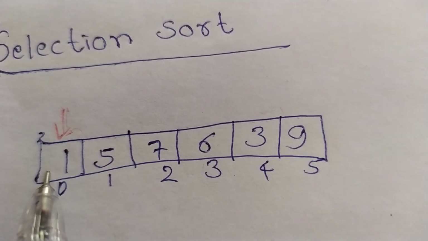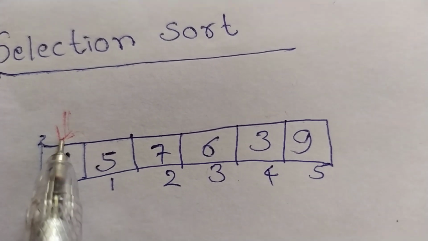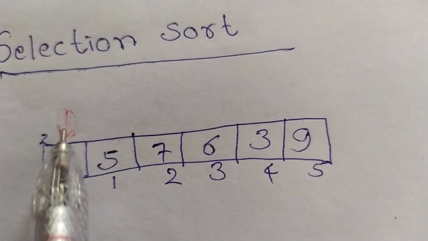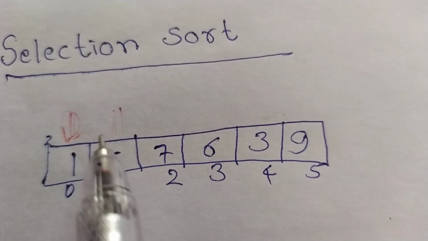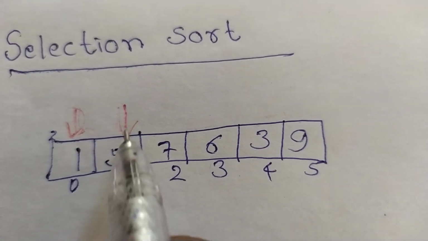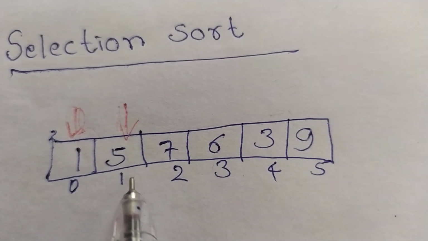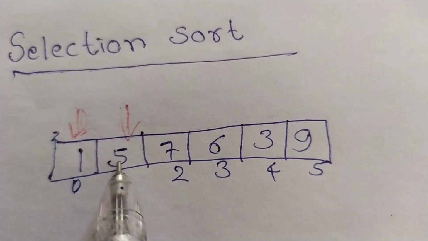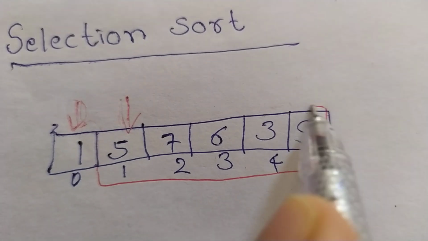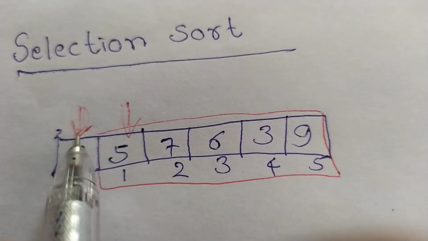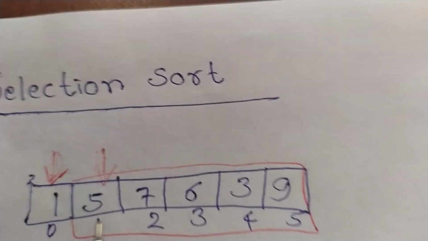For this particular case, the minimum element is found at this place, so we will swap the element with itself. Then for our next iteration, we will consider index number 1 as having the minimum element, and try to find the minimum element in this section. Now we will only work in this section, not on the earlier section anymore.